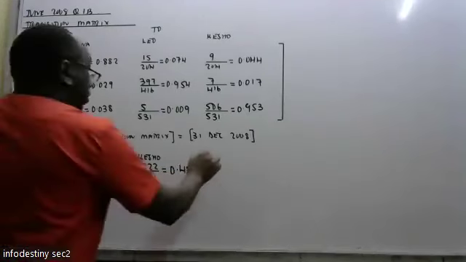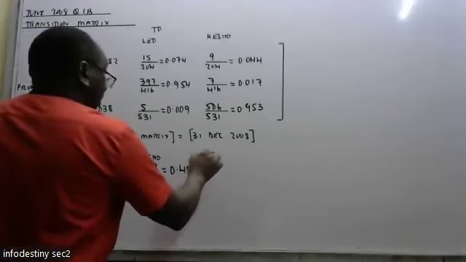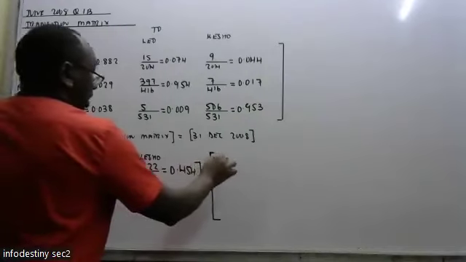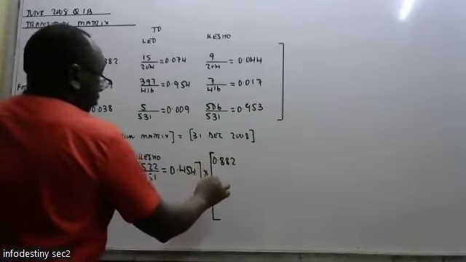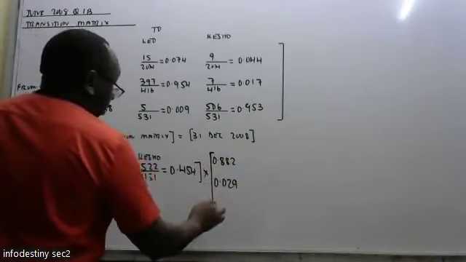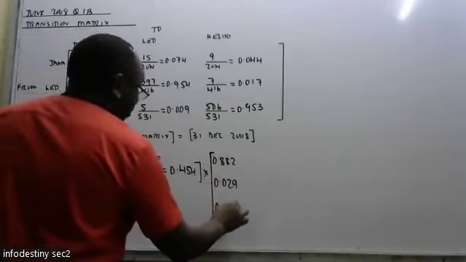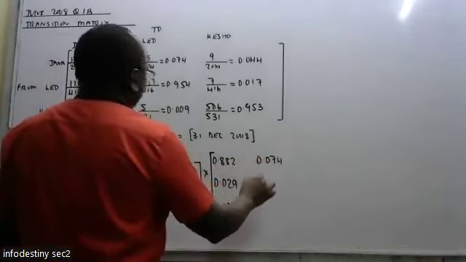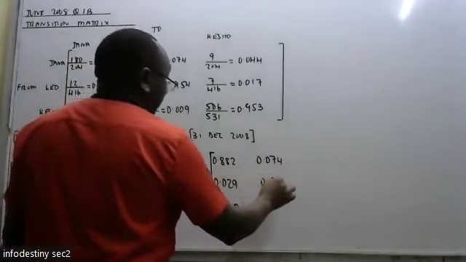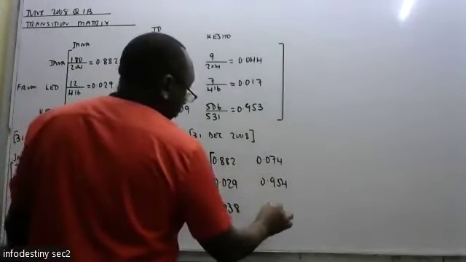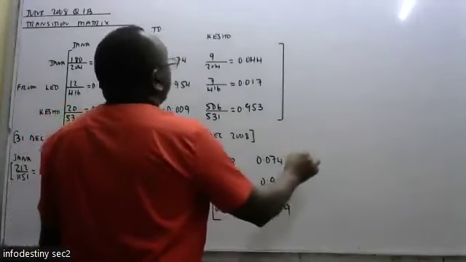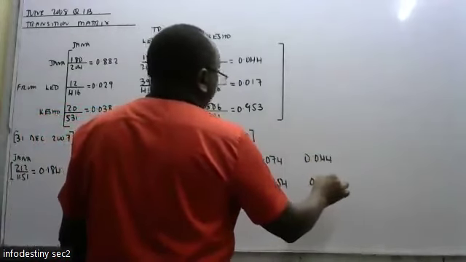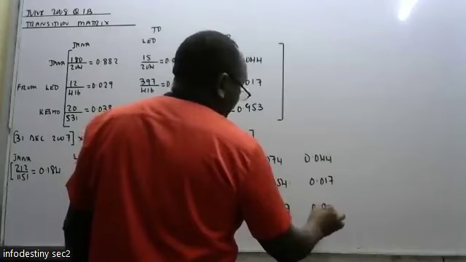So you come now and multiply with the transition matrix. This transition matrix, we can just copy the way it is: 0.882, 0.029, 0.038, then here 0.074, 0.954, 0.009, 0.044, 0.017, and 0.953.